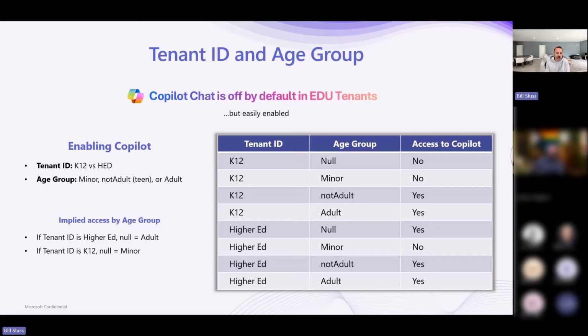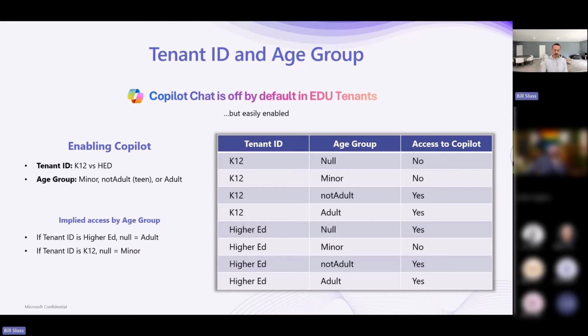And you should know that the tenant ID informs how Copilot rationalizes over students who have not set the age group attribute. So if you set tenant ID as a higher ed institution, then we infer that all students in your tenant are adult by default.